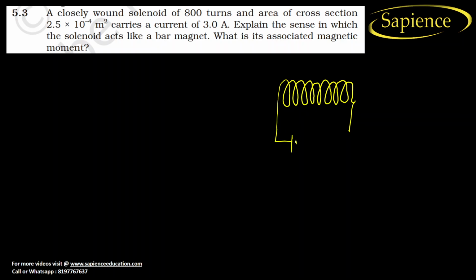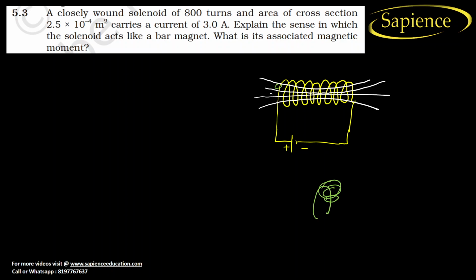If you pass a current through this, let us suppose this is positive and this is negative, and you pass a current through it, what will happen? We know that any current carrying conductor will create a magnetic field like this. So each wire will create a small magnetic field. But when we add them, it will create a magnetic field like this. Got it?